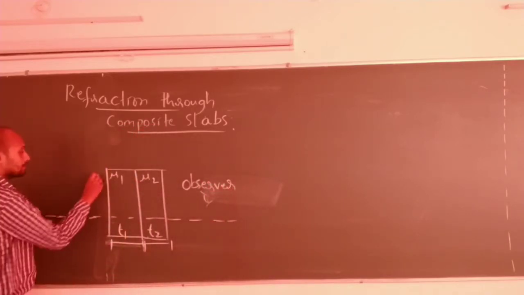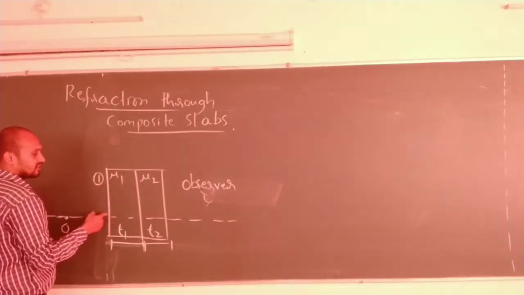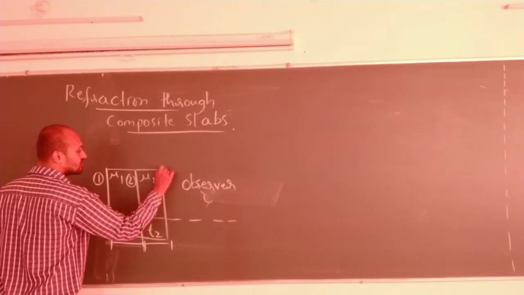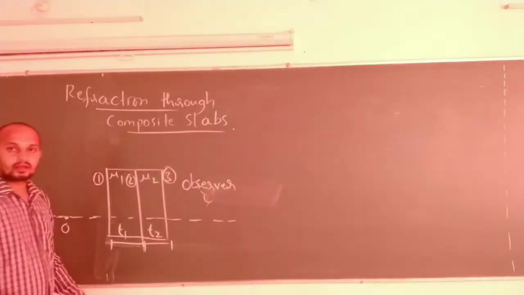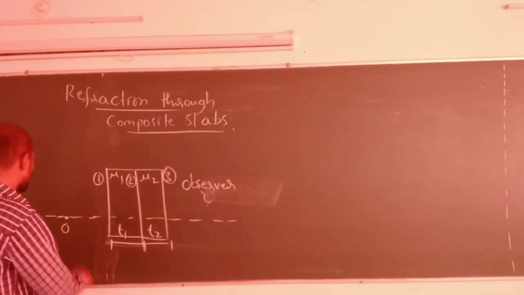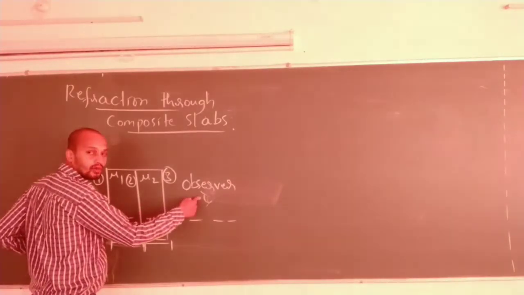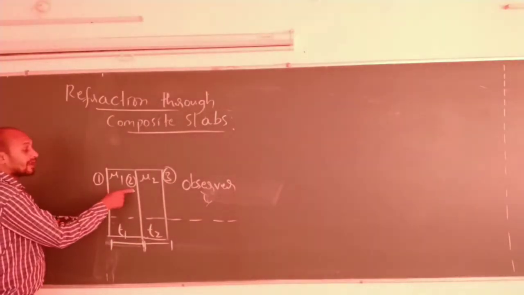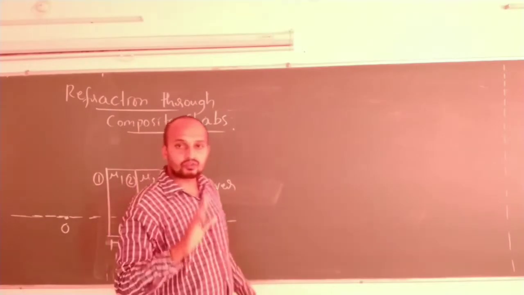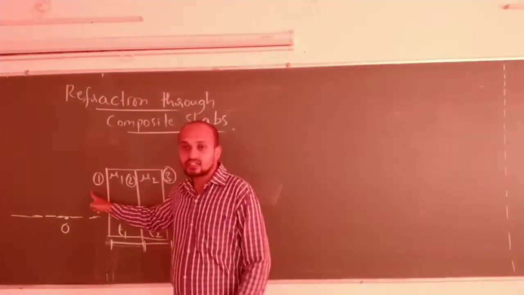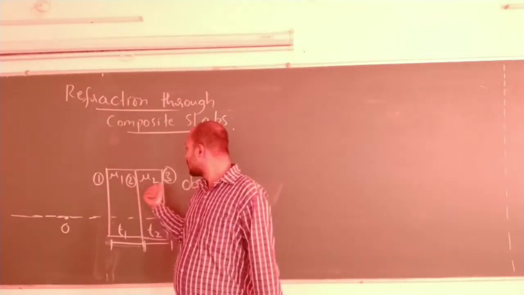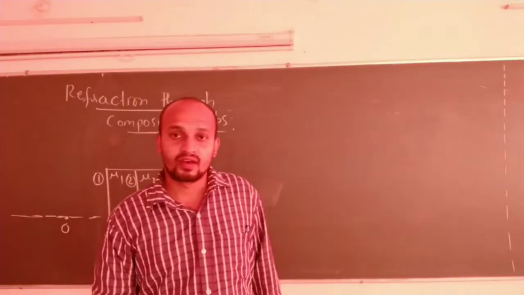Let us take this surface as surface 1, surface 2, and this surface as surface 3. If the light has to reach this observer, it has to make 3 refractions. When 2 slabs are there, it makes 3 refractions: one through surface 1, another through surface 2, another through surface 3.